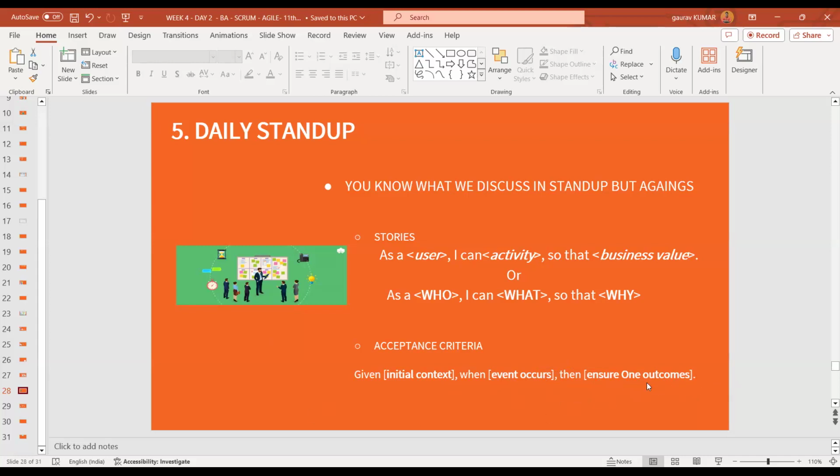Then they need to be able to search for the itinerary and all. So this is how you continue to develop the acceptance criteria. When we were developing the user story, you can adopt this fashion, but this is not hard and fast until your organization asks. Okay.